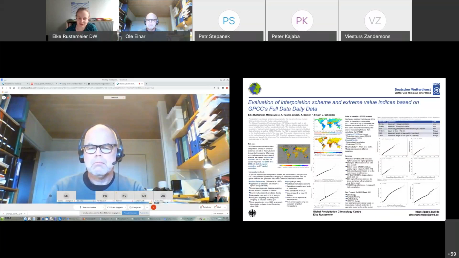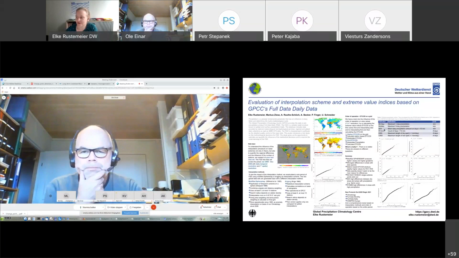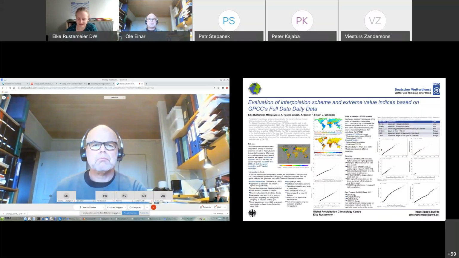And the other question was always about the ETCCDI, so the extreme value indices. So I also calculated extreme value indices once on the stations, and then calculated the gridded data. And then on the other hand, we calculated the grids based on the precipitation, and then we calculated the indices.